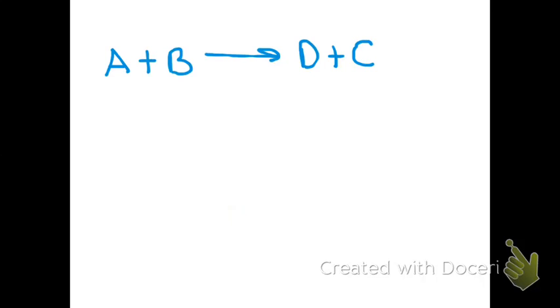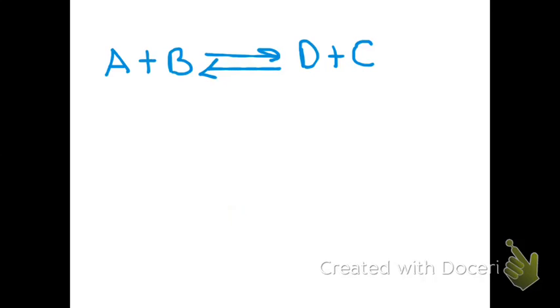And we can kind of look at it like this. If I have a reaction, say with A plus B, and these are my reactant molecules, they can react to form the products of D plus C. However, D and C could collide with each other and cause the reaction to be reversed to recreate reactant again.